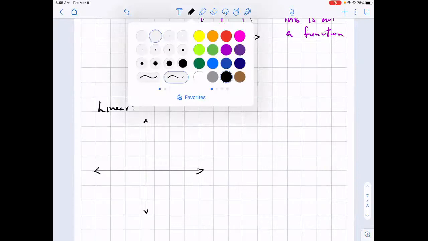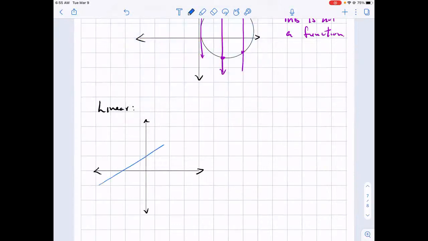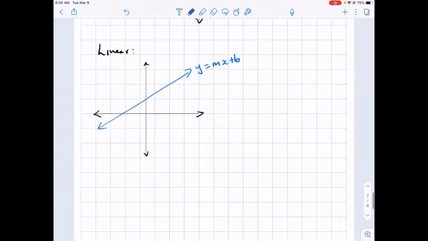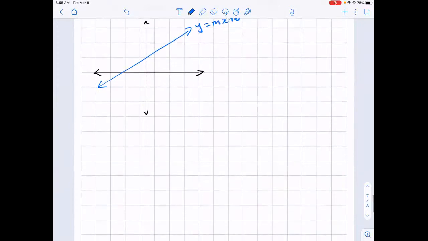The first one is when it's in y equal mx plus b. The second scenario would be a horizontal line.